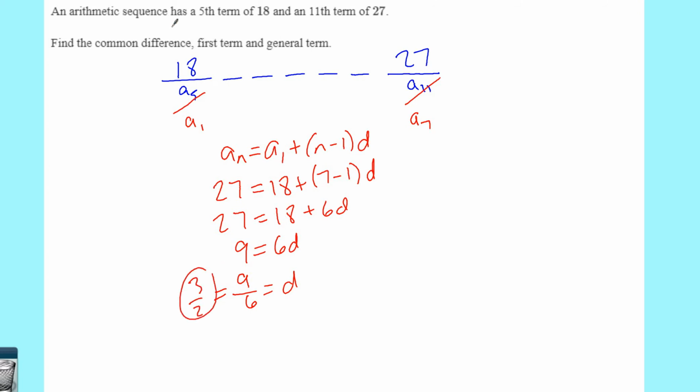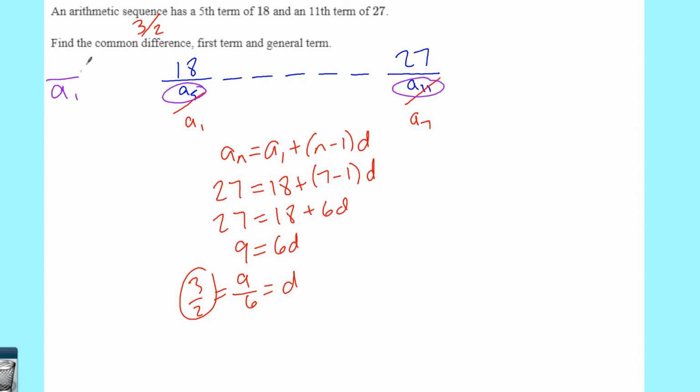So the first thing we wanted to do is find the difference. That's 3 over 2. Now let's find our original first term. Okay, so let's find our first term now. Now let's go back to our original equation.